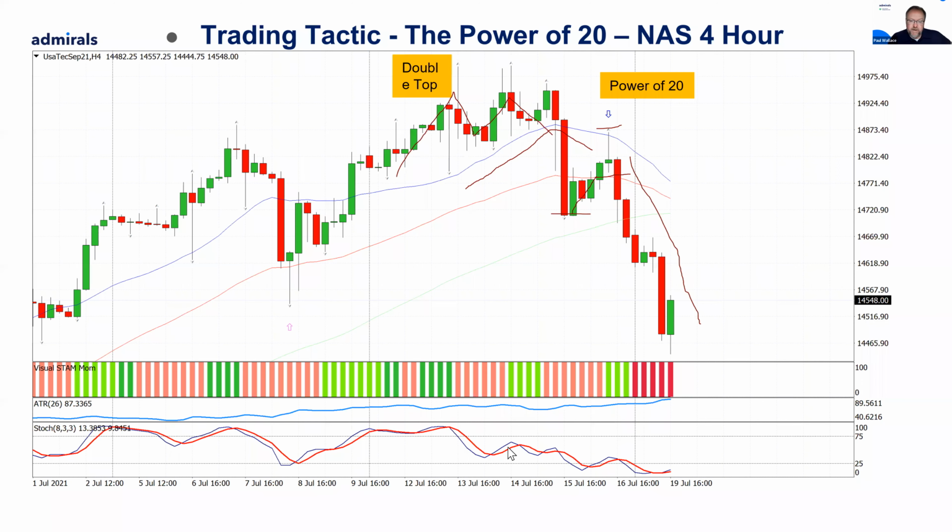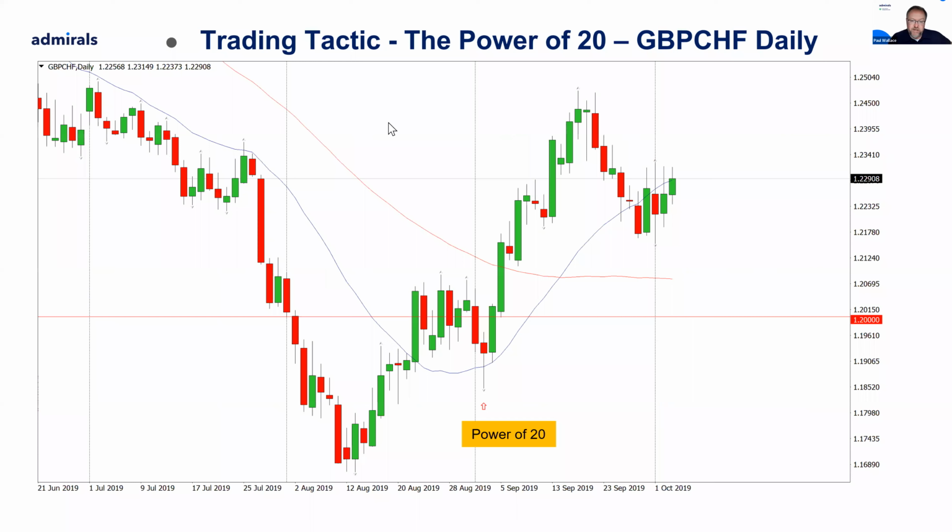An example here, the pound against the Swiss franc, because this one takes a little bit of time to play out, but that's okay. You can see the price is in a quite strong downtrend, and then it prints a reversal pattern, a bullish engulfing candle, and price rallies up.